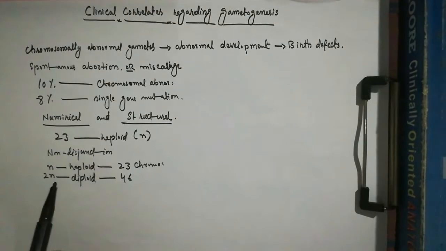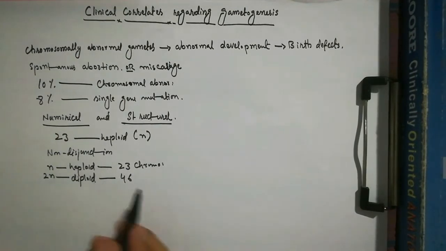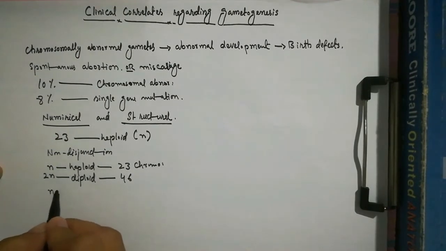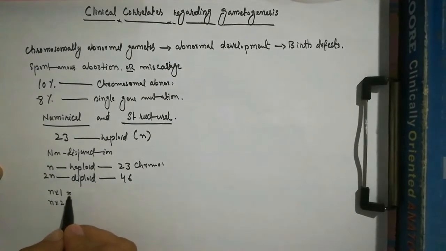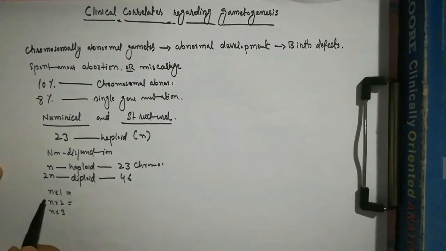Any exact multiple of n is euploid. Means n times 1, or n times 2, or n times 3, any exact multiple of n is called euploid.